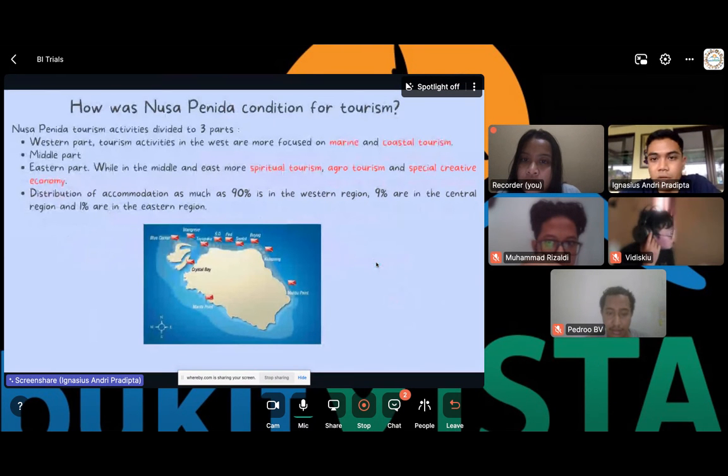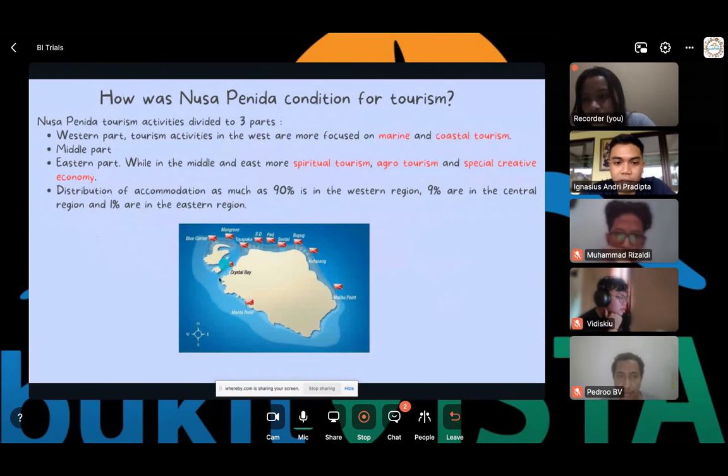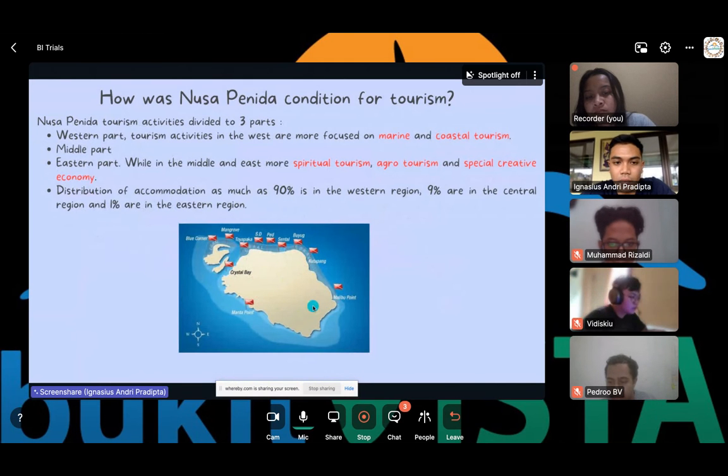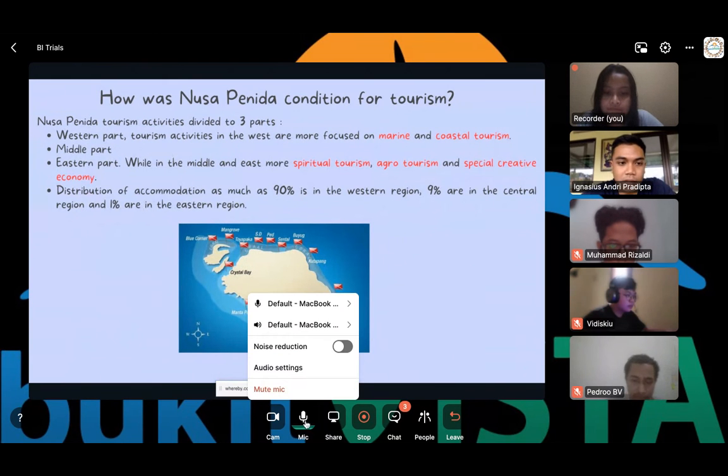And how was Nusa Penida's condition for tourism? Nusa Penida tourism activities are divided into three parts. First, in the west, it is more focused on marine and coastal tourism like diving. As we can see here, the west part has many diving sites, and then the middle part and also the eastern part, while the middle and the east are more like spiritual tourism, agrotourism, and creative economy.